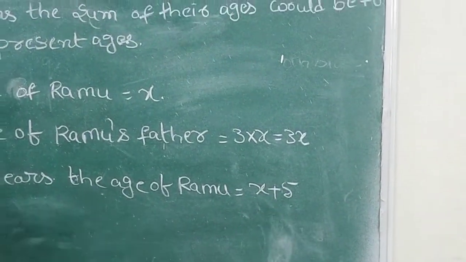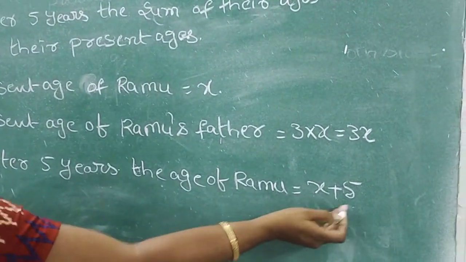After 5 years, the age of Ramu is x plus 5.